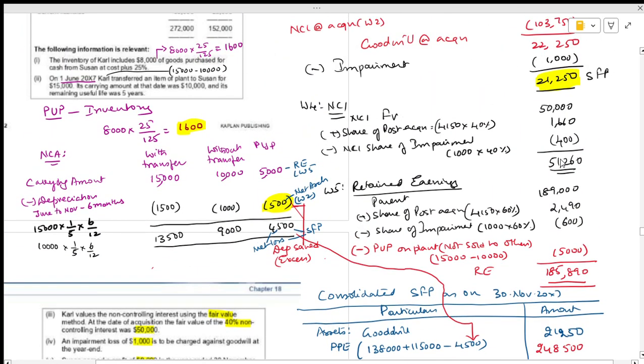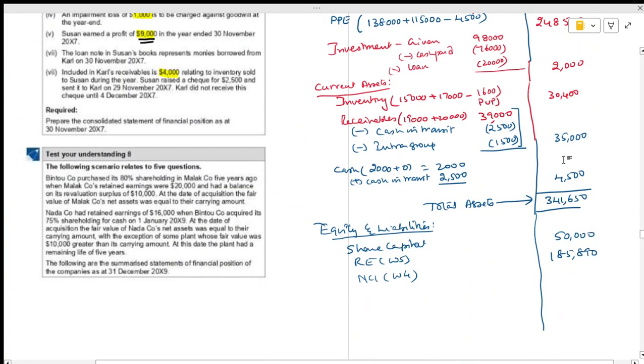How much is there? 51,260. Total is how much? 50,000 plus 185,890 plus 51,260, 287,150. This is the total equity.